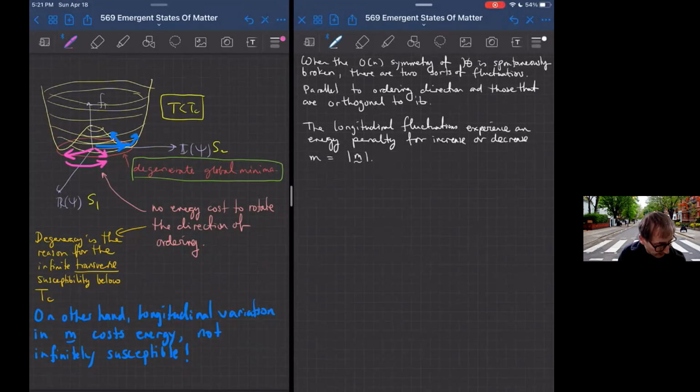On the other hand, orthogonal or perpendicular fluctuations change the direction of m, not its magnitude, and cost no energy.